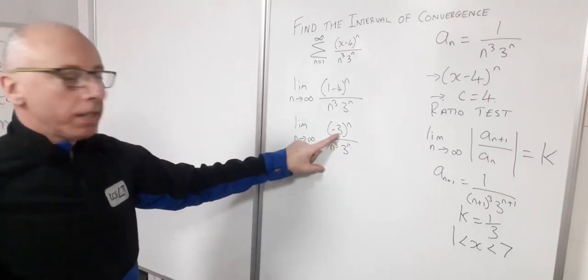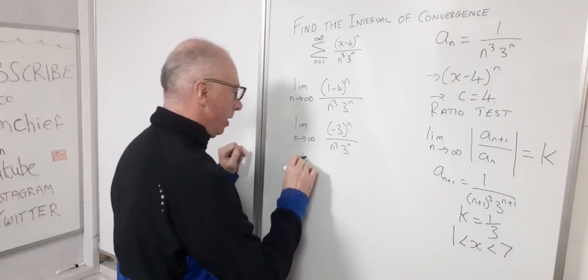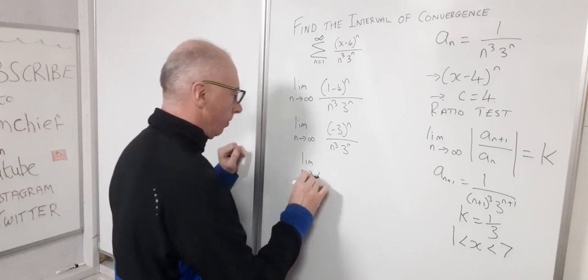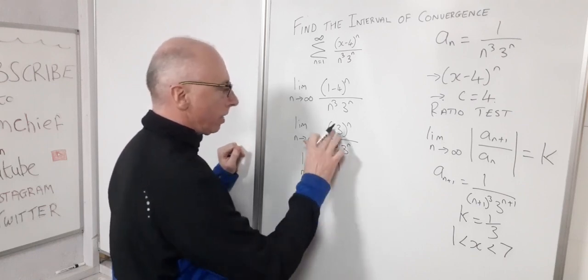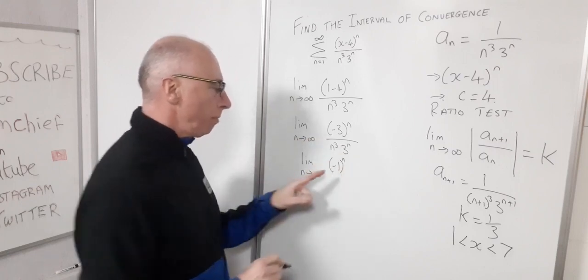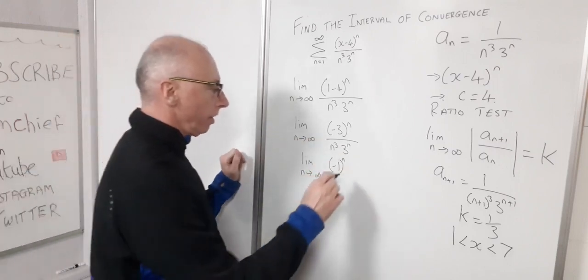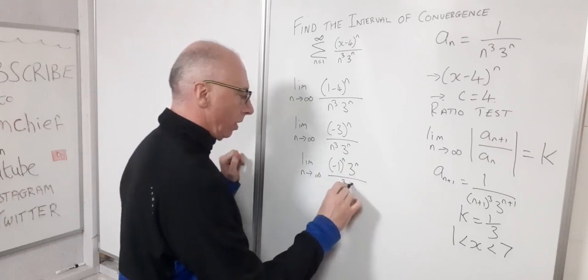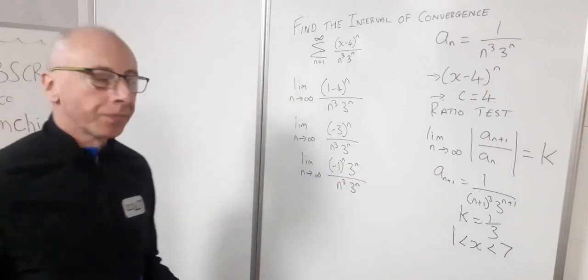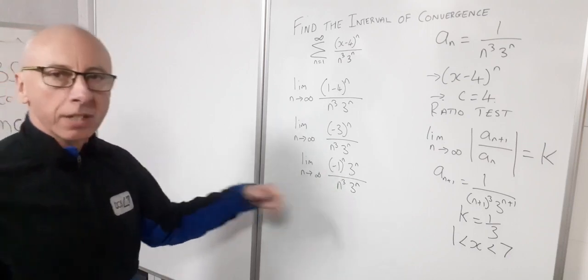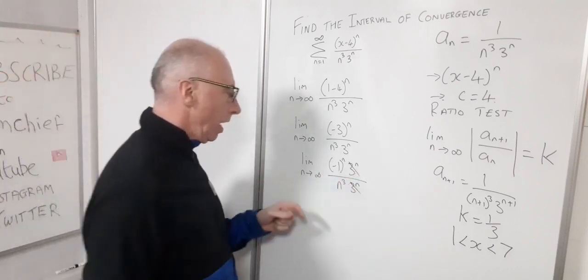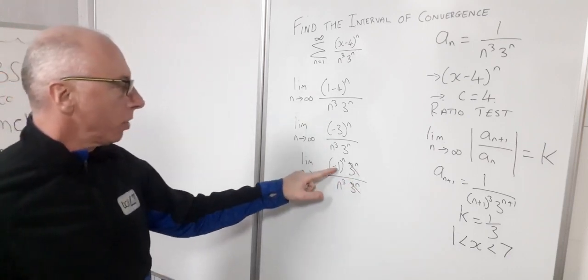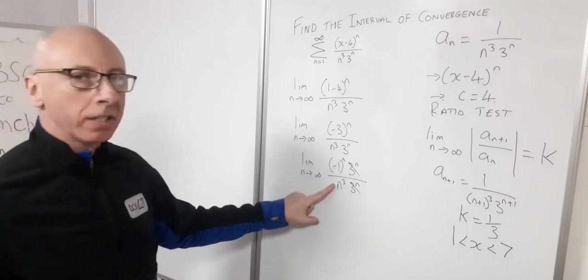Now I can rewrite this as the limit as n approaches infinity. Now as this is going to alternate, I'll write minus 1 to the n for my alternating series, and then 3 to the n divided by n cubed 3 to the n. So then these 3 to the n's can cancel out, and all we're left with now is minus 1 to the n divided by n cubed.